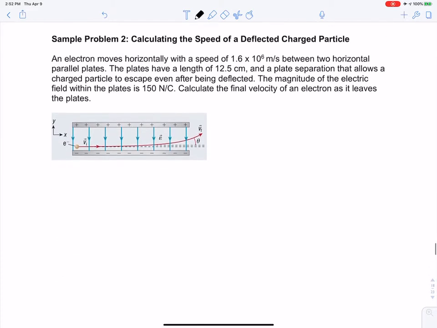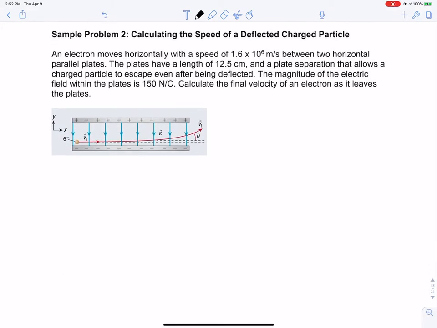Let's take a look at our last example. An electron moves horizontally with an initial speed of 1.6 times 10 to the power of 6 meters per second between two horizontal parallel plates. The plates have a length of 12.5 centimeters.